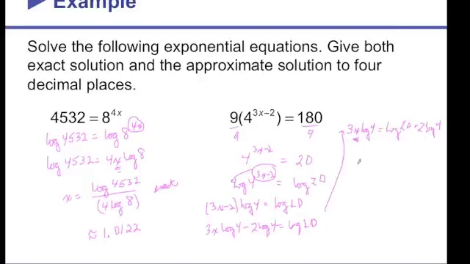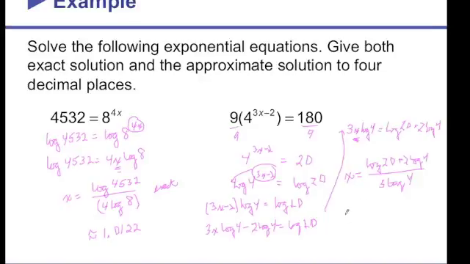And then here's my x, so I can divide. x will equal the log of 20 plus 2 times the log of 4 divided by 3 times the log of 4.